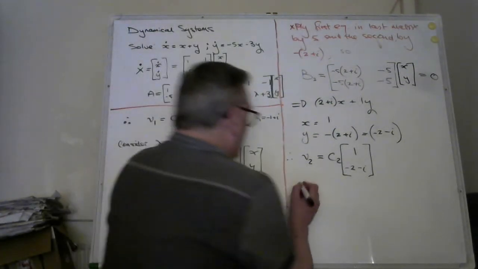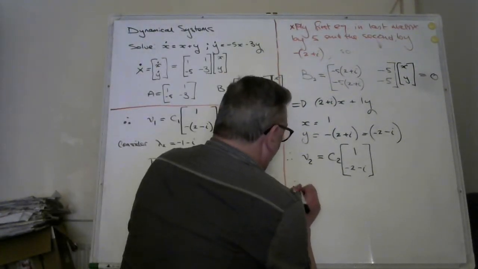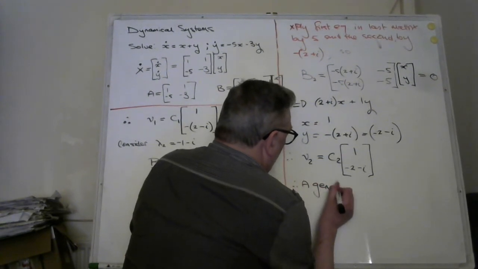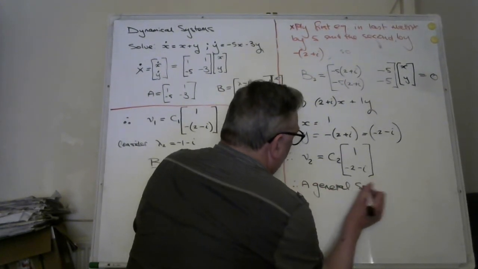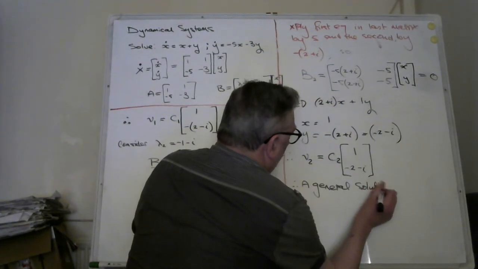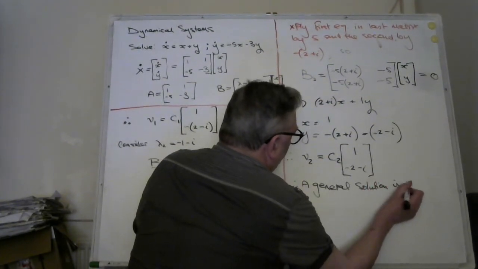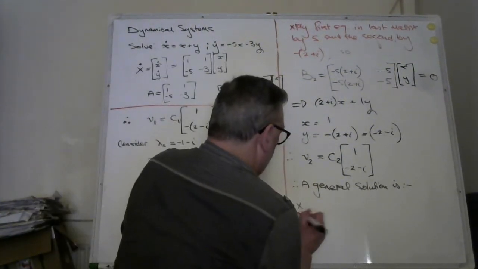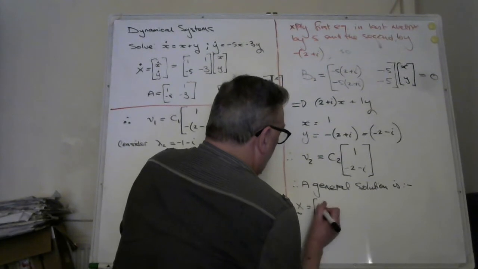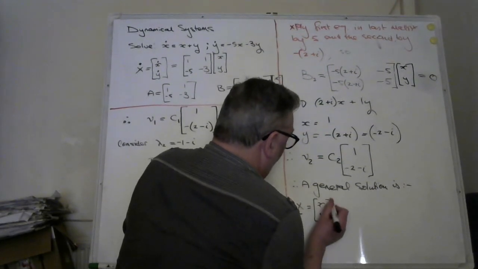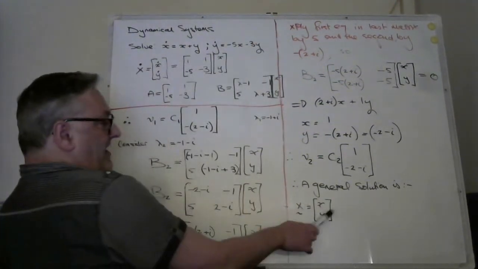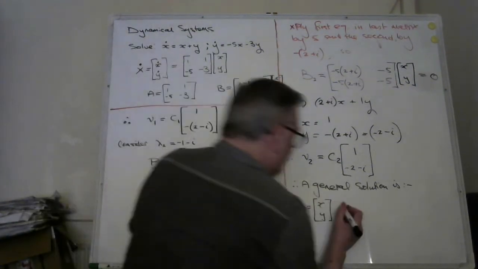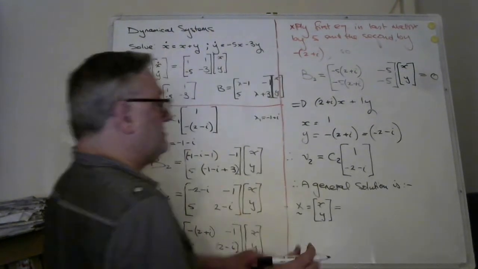So a general solution, therefore, is x, and that's equal to our x and y values in the appropriate vector, not x dot or y dot, just x and y this time, because those are our solutions.